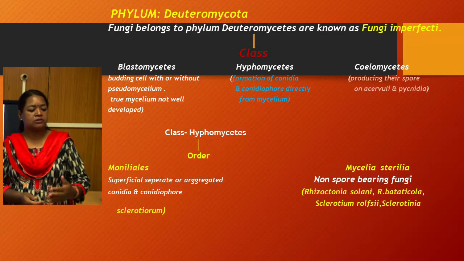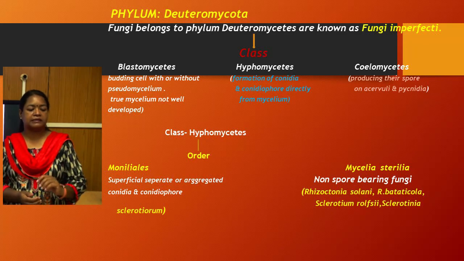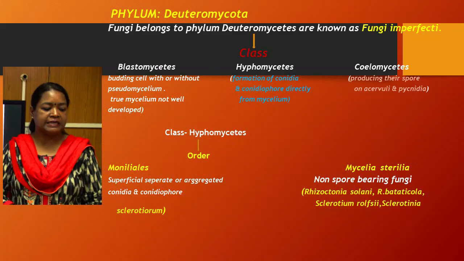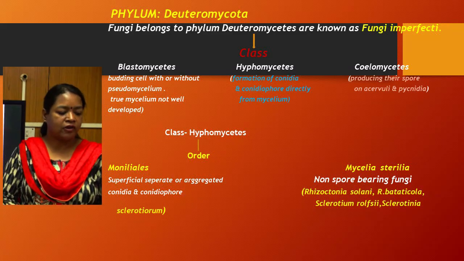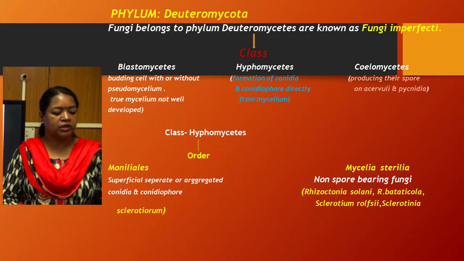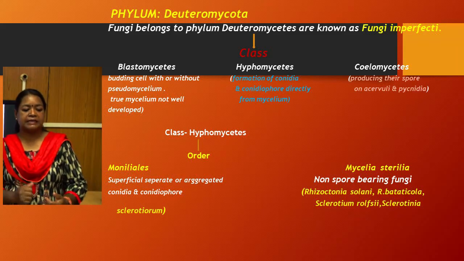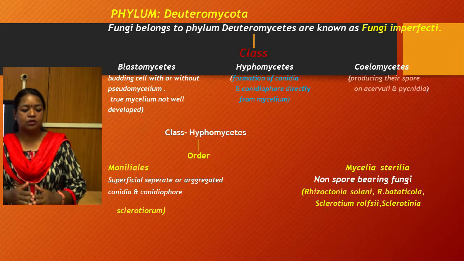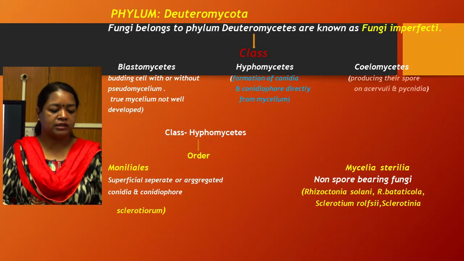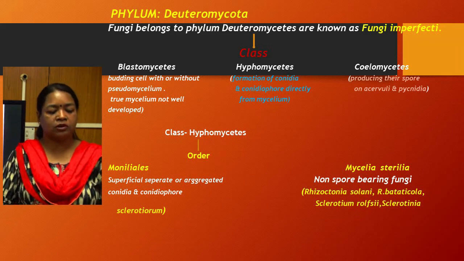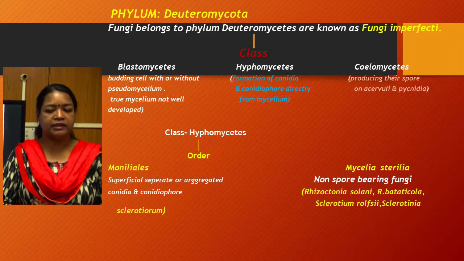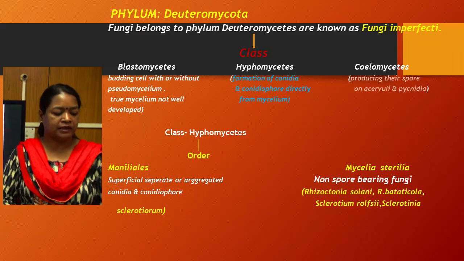True mycelium is not well developed in this class. In Hyphomycetes, the conidia are formed directly on the conidiophore or the mycelium, and in the class Coelomycetes, these conidia or spores are formed on specialized fruiting body, that is acervuli or pycnidia.